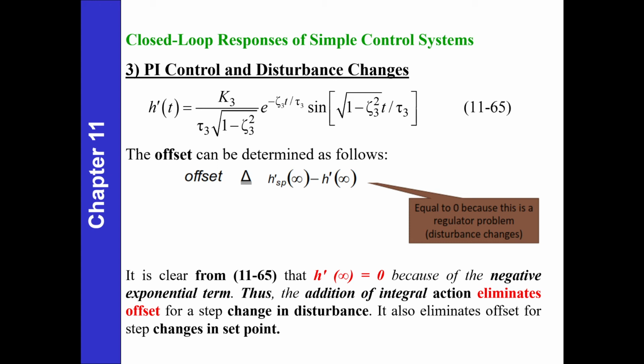In chapter 8, you learned just a brief knowledge: if you have only P, you've got to have an offset, and for integral, it will eliminate your offset. But here in chapter 11, it's showing you by mathematical equation.